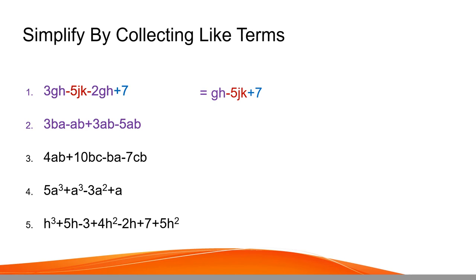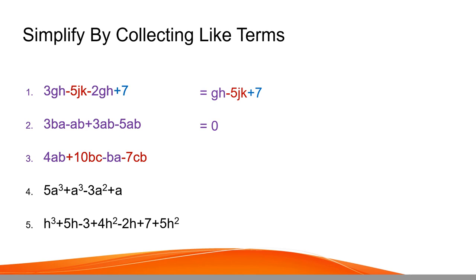If you can see all these are like terms, you can have them as 3ab minus ab plus 3ab minus 5ab. 3ab minus ab leaves 2ab, plus 3ab is 5ab, minus 5ab is 0. That's why you have that 0 there.